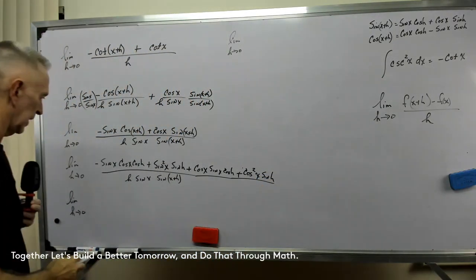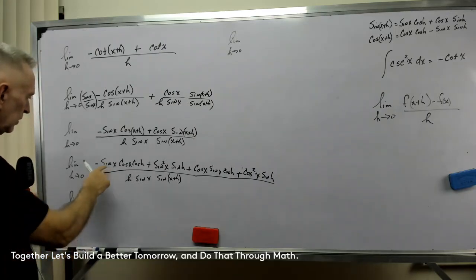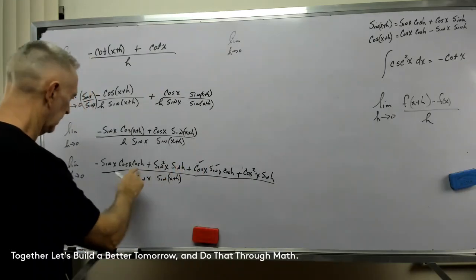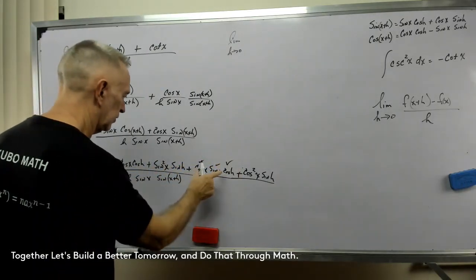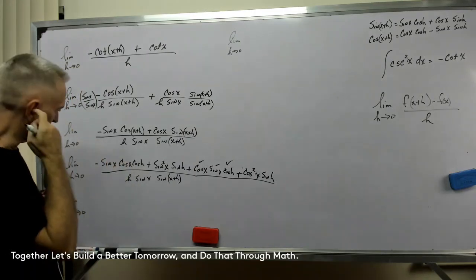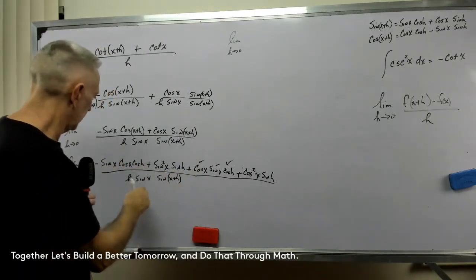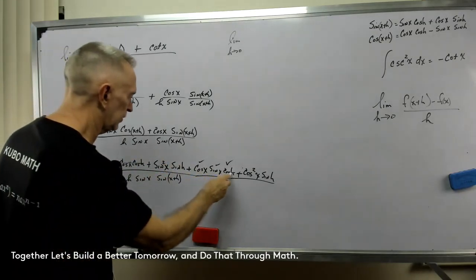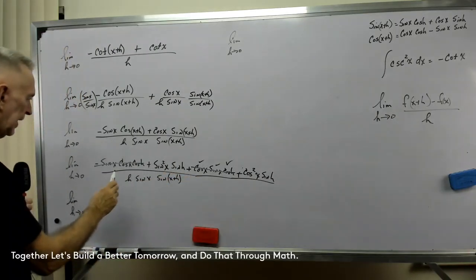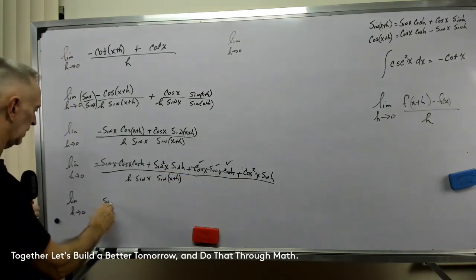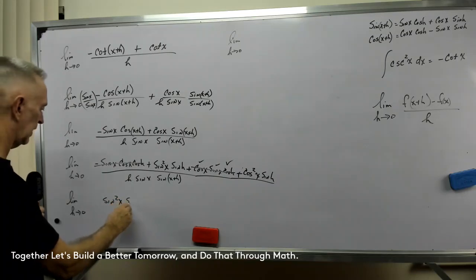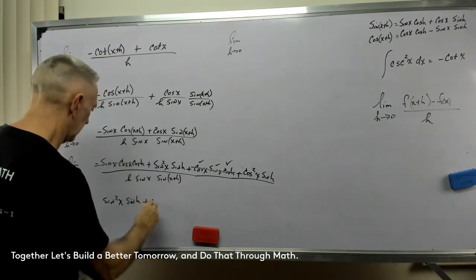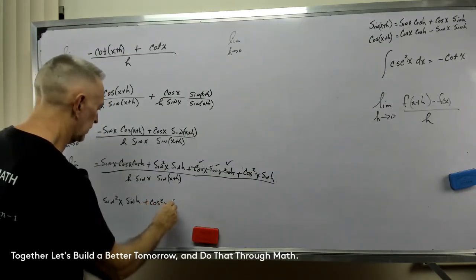Now we have sine x cosine x cosine h. I have these same three terms here; they may be in a different order, but I have them. These are negative, those are positive, so these cancel each other. They're gone. That leaves me with sine squared x sine h plus cosine squared x sine h.